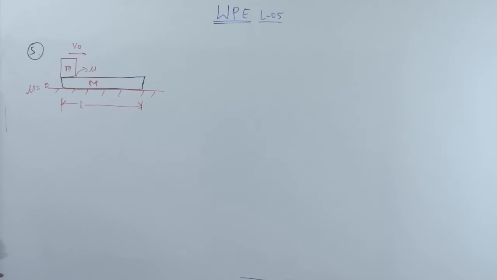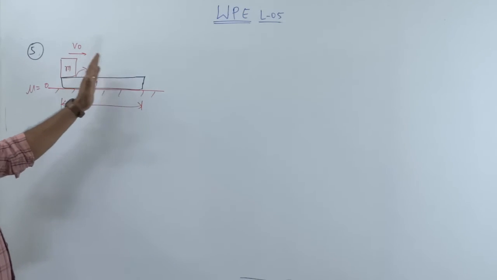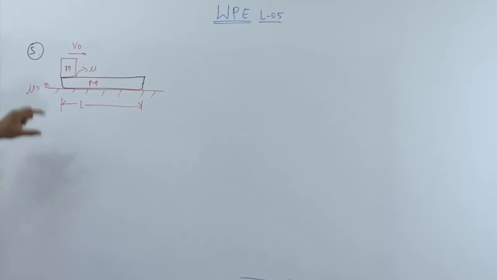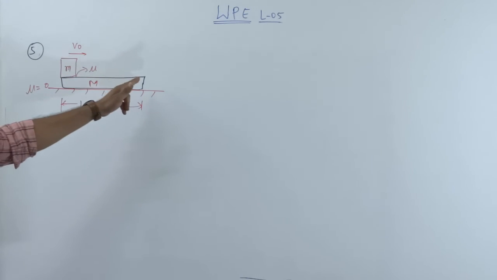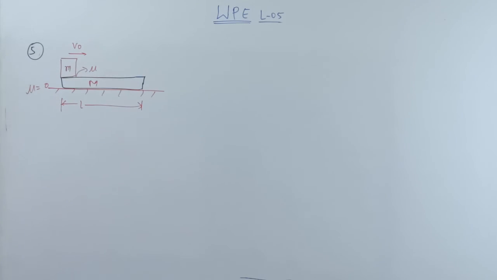Its value is such that the block becomes stationary with respect to the plank when it reaches the other end. That means by the time it reaches here, it stops. It does not jump out of the plank. Now the question to you is, find the time and the common velocity.